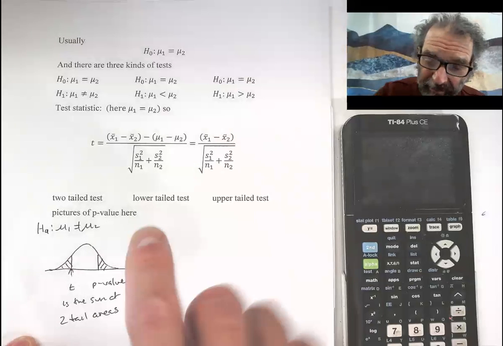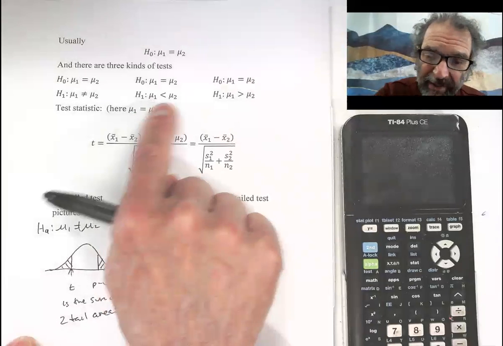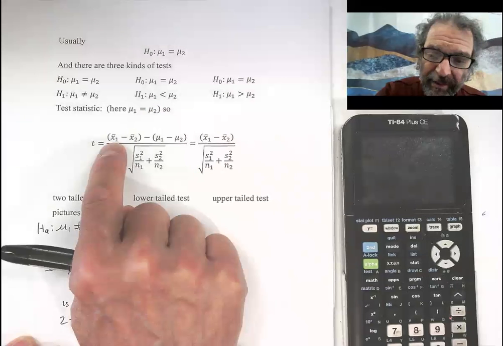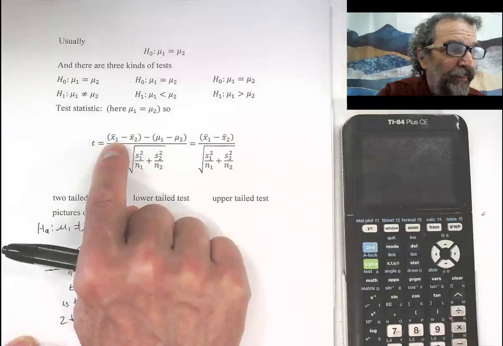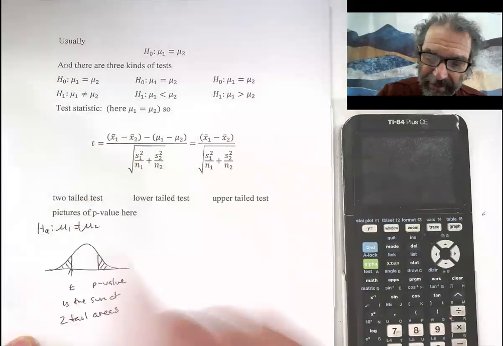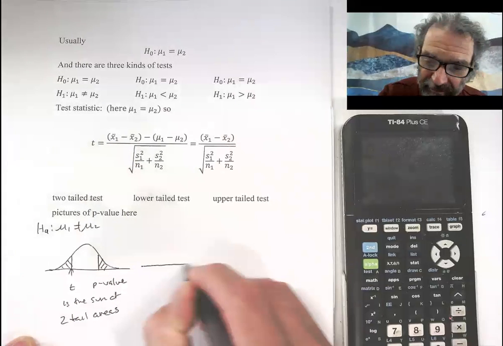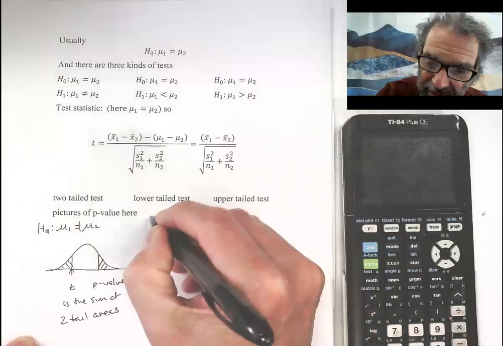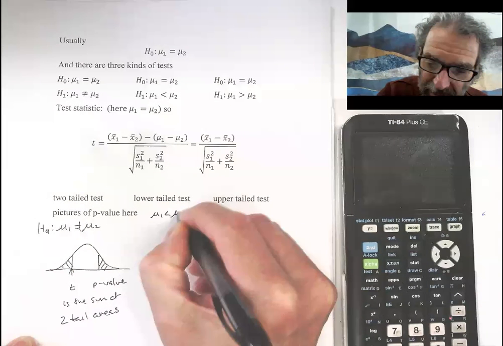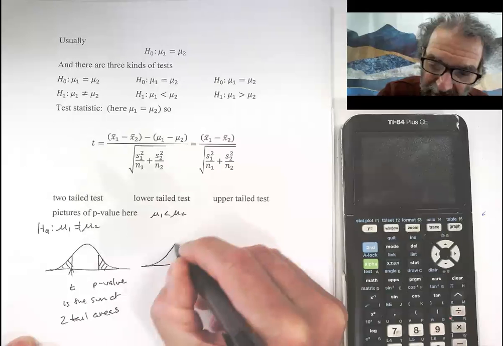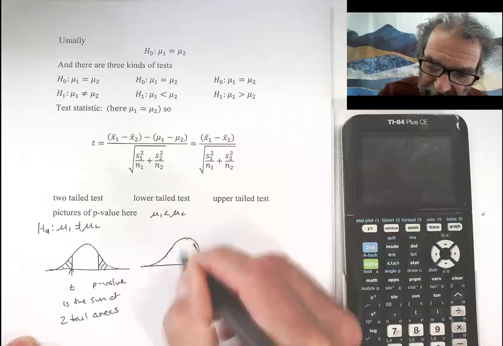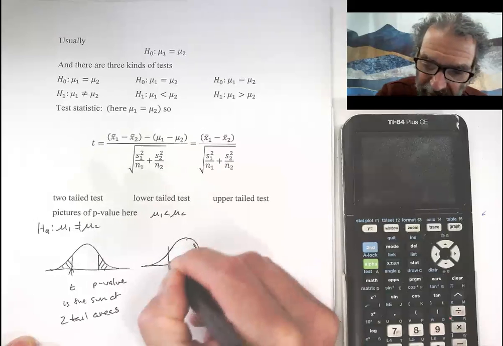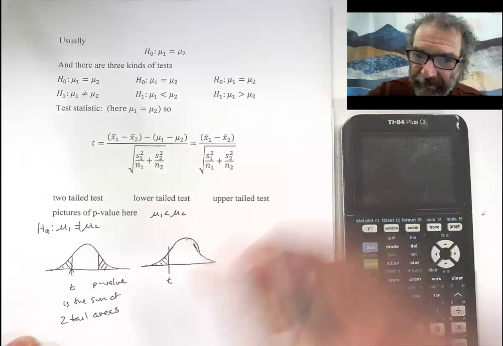Otherwise, if I think mu1 is just less than mu2, then I would expect these differences here to be mostly negative. I expect to get negative answers to favor the alternative. So for that lower tail test, it says mu1 less than mu2. Then in the T shape, we find the T value and we just shade left like that.